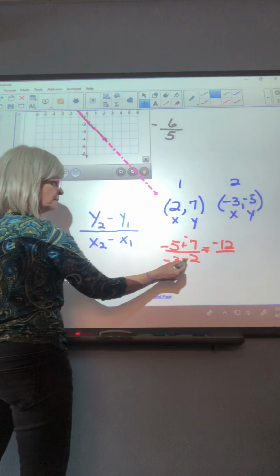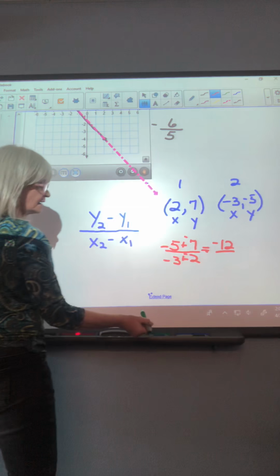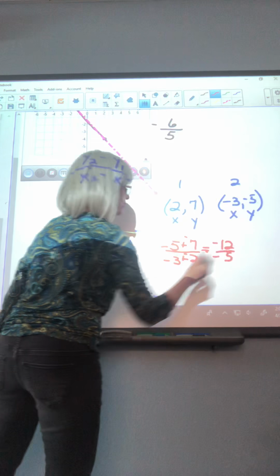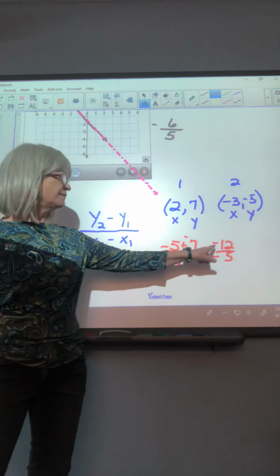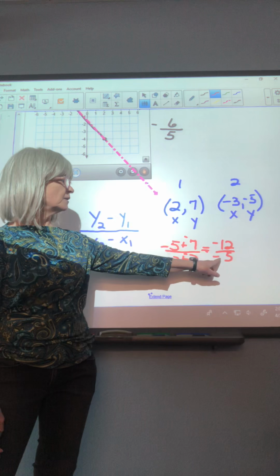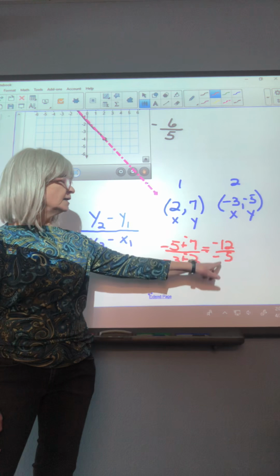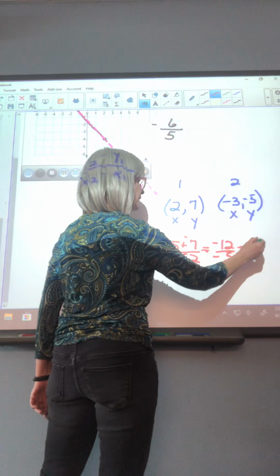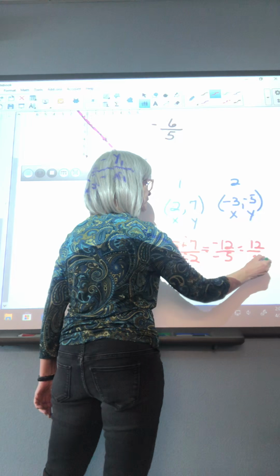A -3 minus 2, same thing as adding a -2, is a -5. When you have a negative in the numerator and a negative in the denominator, it's like dividing a negative by a negative. So this is actually a positive slope, and it's 12 over 5.